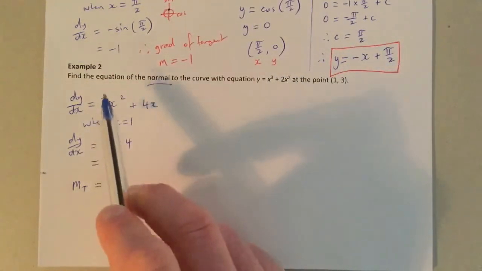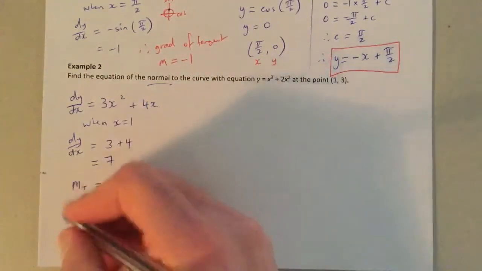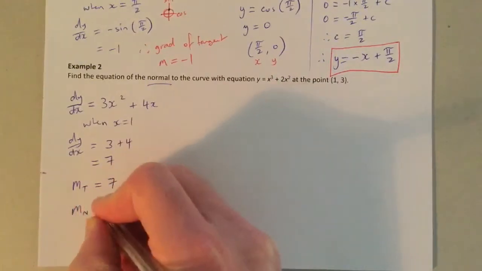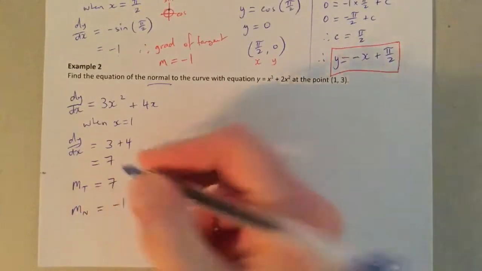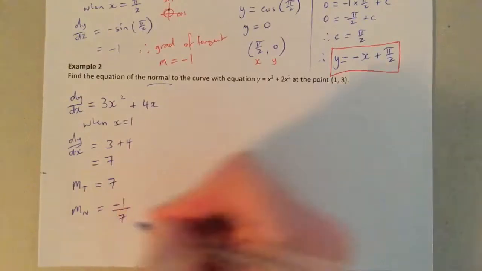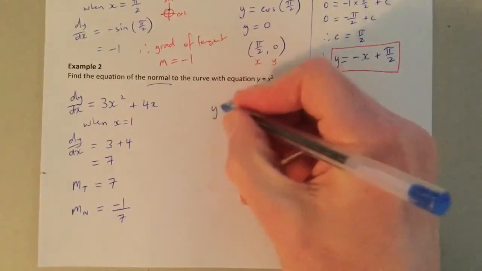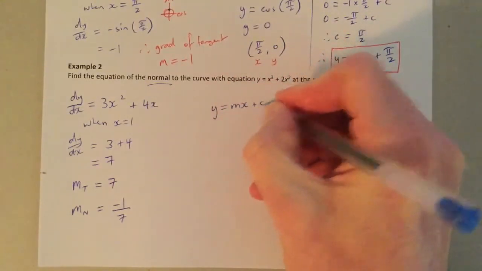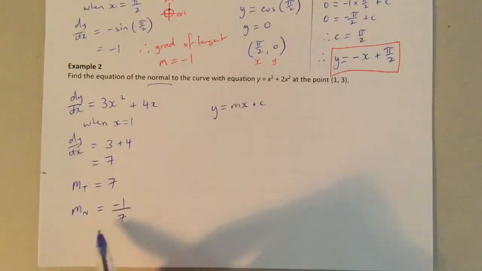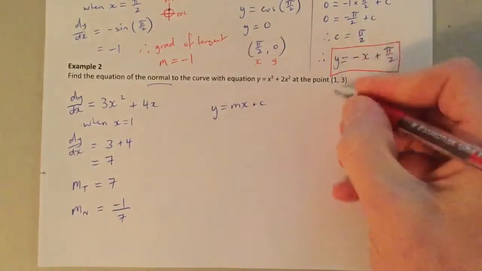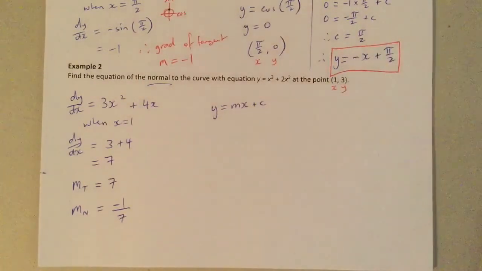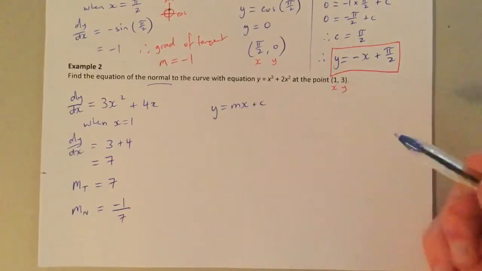This question is asking us to find the equation of the normal to the curve though. So the normal, remember, is -1 over mt, so it's -1 over 7. So that's the gradient that we're going to use. Now, to get the equation, again, we start with y equals mx plus c, and we sub in our gradient as well as our x and y coordinate from the point that we know is on the line.